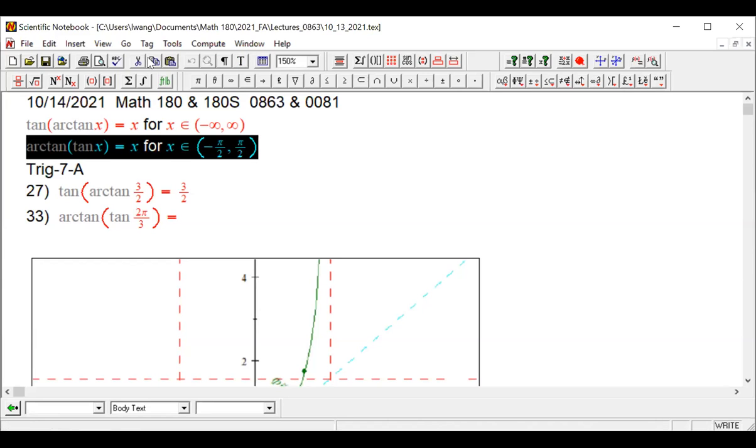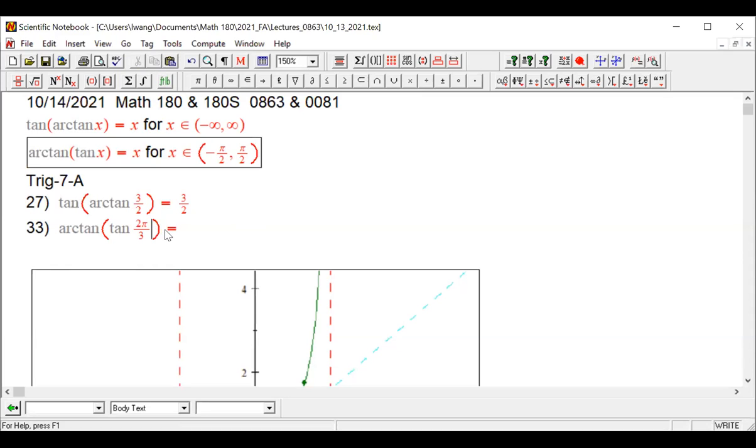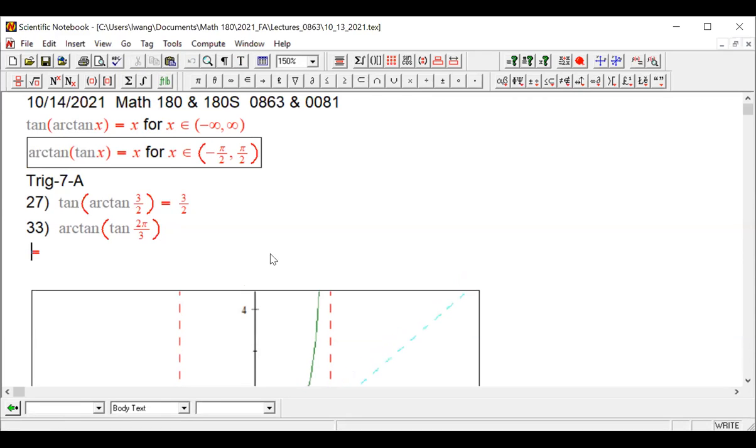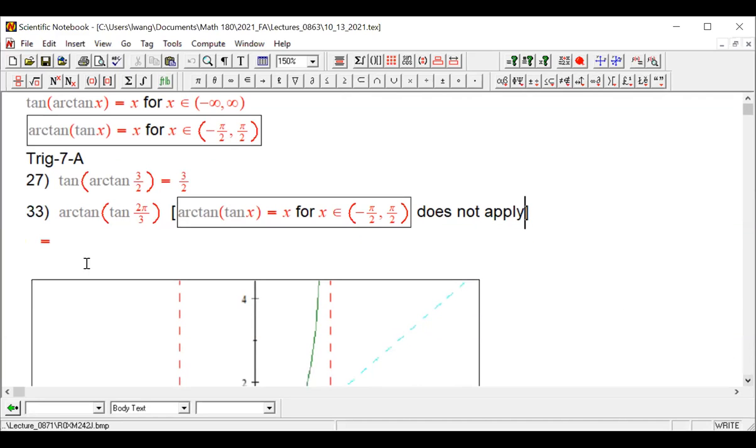Apparently, that property does not apply. It does not apply. And then what?